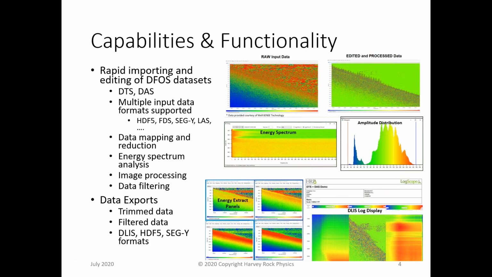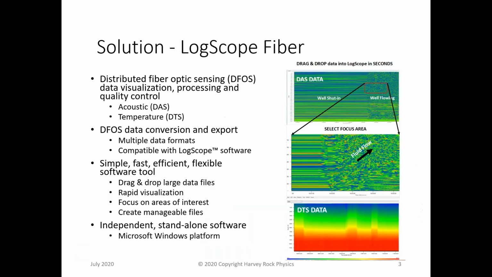So the solution from the standpoint of Harvey Rock Physics was LogScope Fiber. They have a standard product, LogScope, which is a log analysis software and a WITSML reader, but this was developed separately as an independent software to address this issue. In particular, it handles distributed fiber optic sensing data.